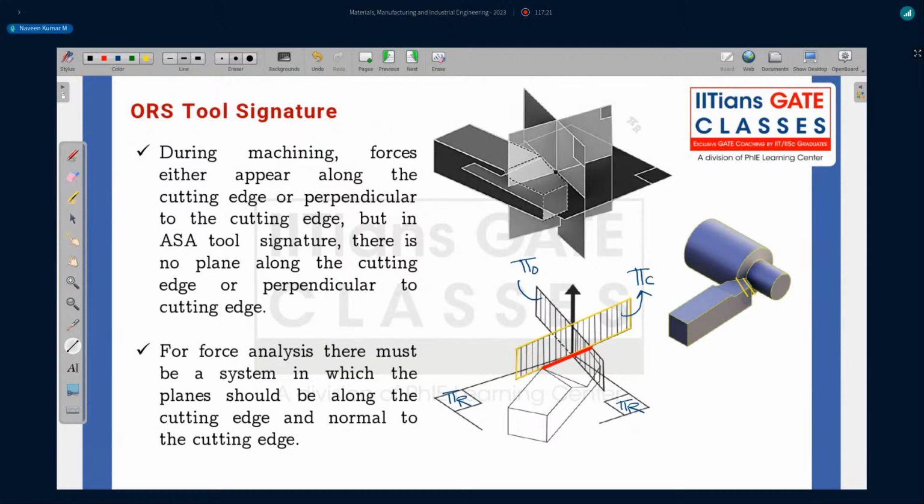This is your thrust force and this is your cutting force. Right, like this. Good.